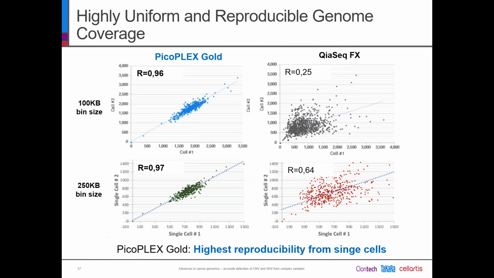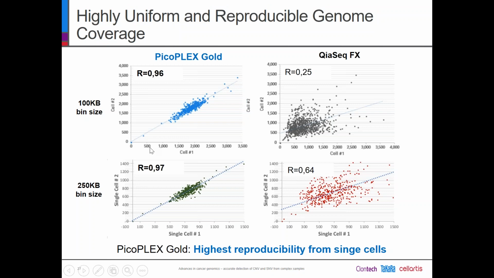This is another way of looking at how reproducibility is ensured by PicoPLEX Gold. Here, looking genome-wide at genome coverage in different bin sizes, relatively small ones and bigger ones, you would expect, of course, a perfect correlation between both single cells, one on the x-axis and 2, sorry, on the y-axis.